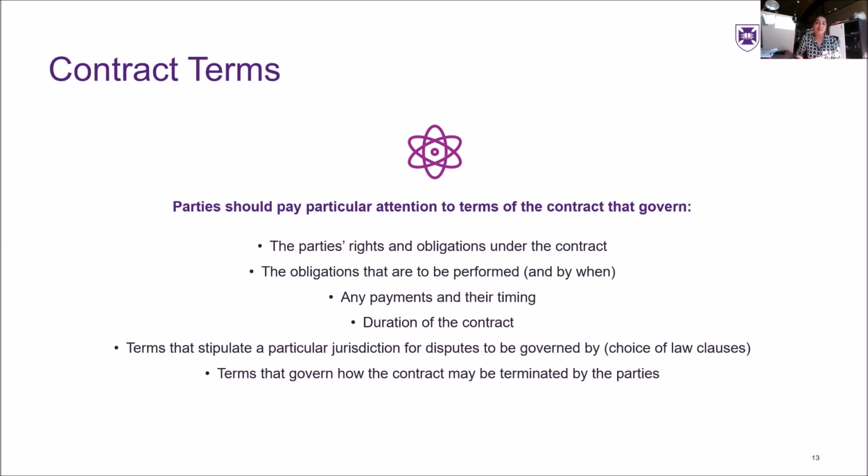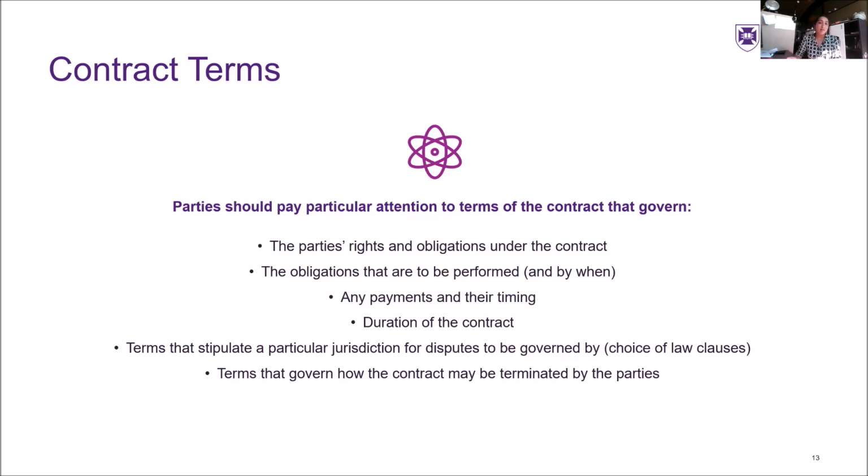However, if we wanted to concentrate on a few things in particular, you want to know the parties' rights and obligations under the contract. We don't just mean your rights and obligations. You should also be aware of what the other party's rights and obligations are, the obligations that need to be performed and when, payments and their timing, and how long the whole contract goes for, if there is a duration on it.